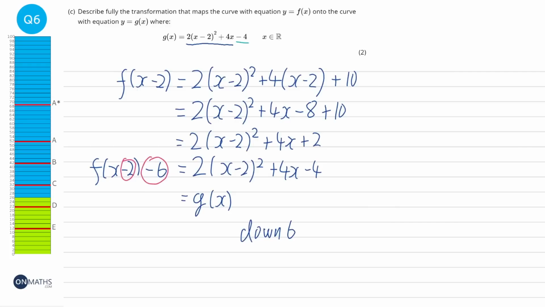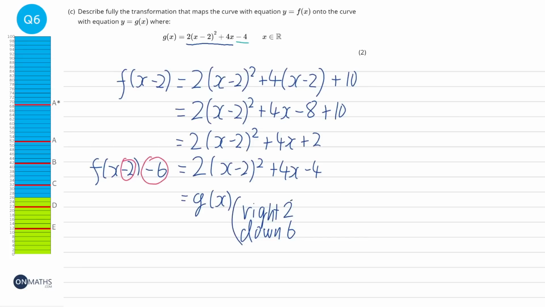Whenever you do something inside the function, so that x minus 2, the minus 2 will affect the x coordinates, but it does the opposite of what you think. So a minus 2 won't go left 2, it will actually go right 2. So we're going to go right 2. And we are asked to find the transformation that moves from f of x to g of x.